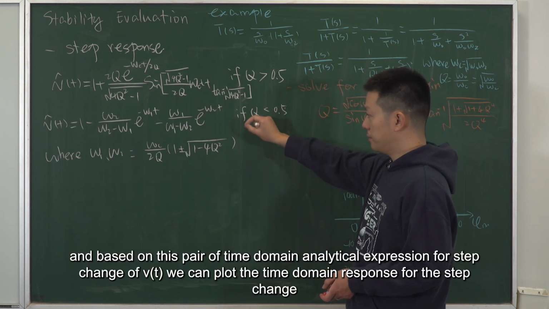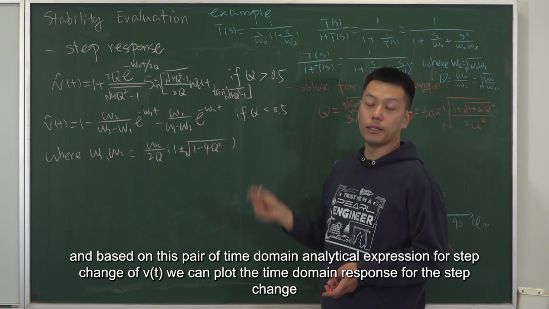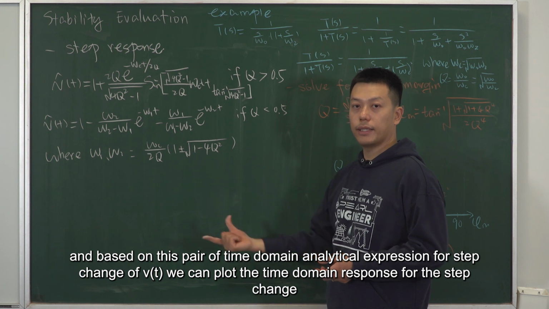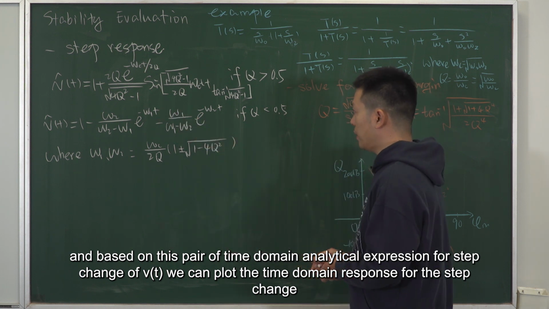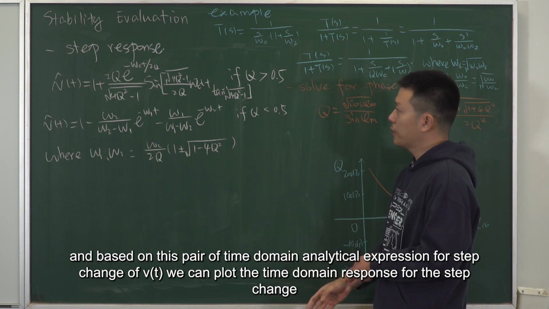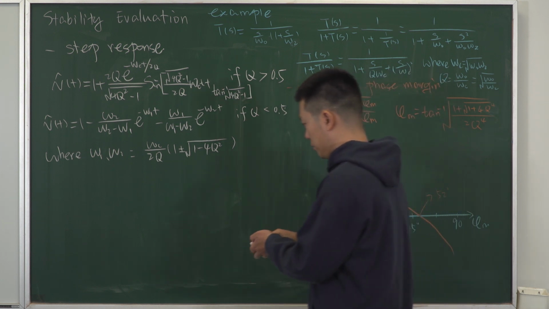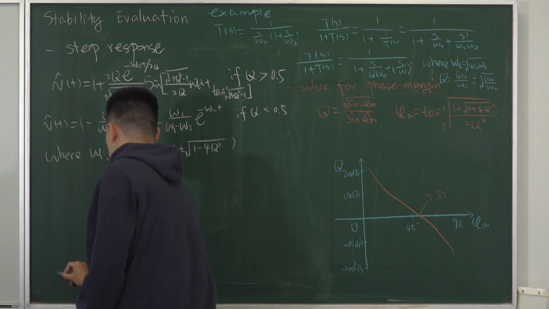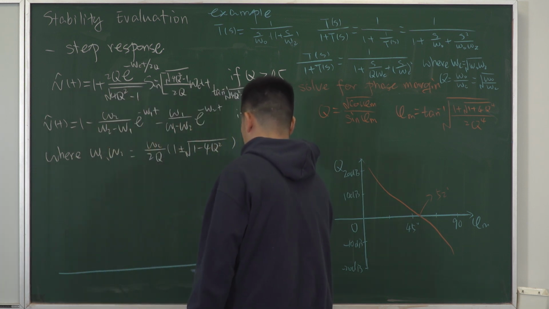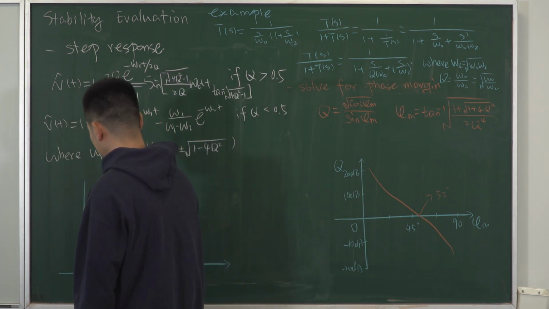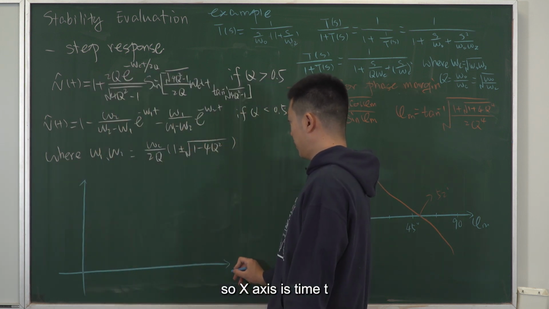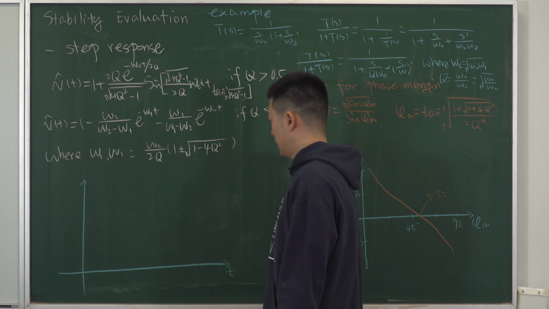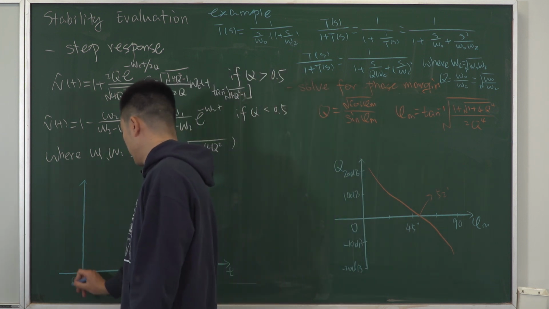And based on this pair of time domain analytical expressions for step change of V(t), we can plot the time domain response for the step change. So x-axis is time, t, origin.